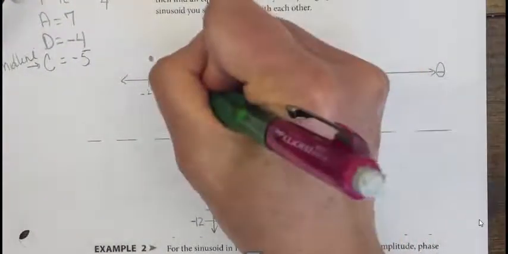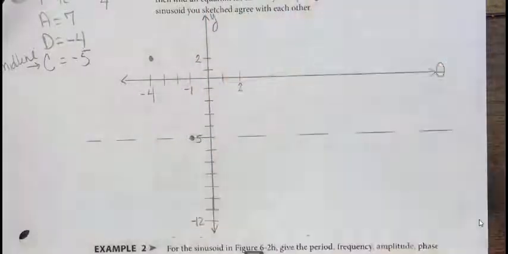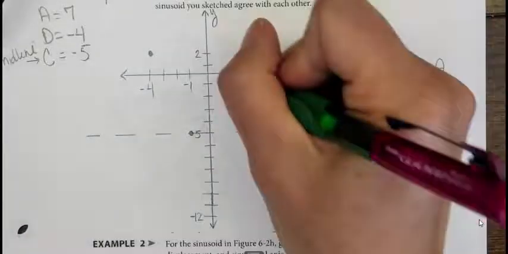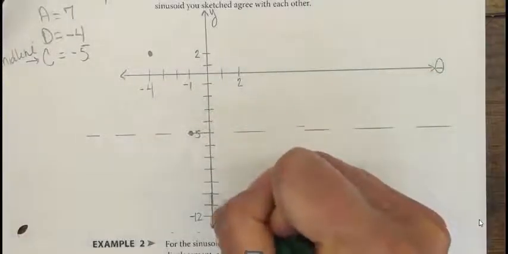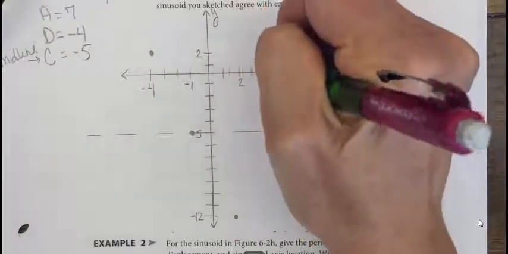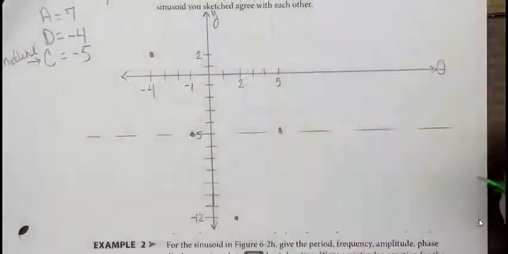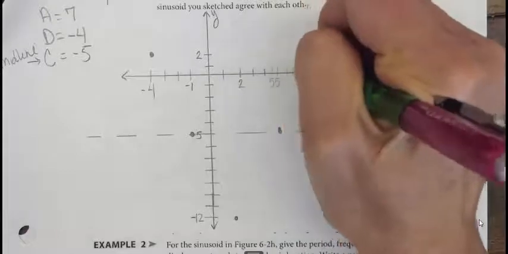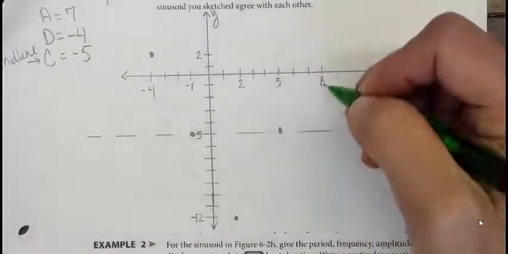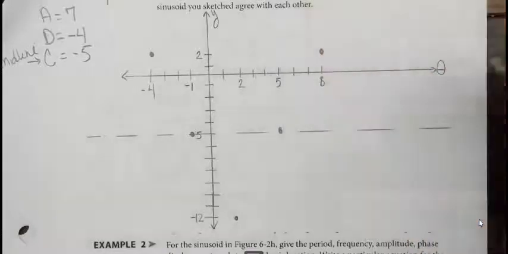Okay, so that's -1, -5. 3 more units, 1, 2, 3 puts me at 2. I'm going to be down to my lowest point, so 2, -12. 3 more units, 1, 2, 3 puts me at 5. I'm going to be back up to my midline, so 5, -5. 3 more units puts me up at 8, and my highest point now. So 8, 2 is going to be a point.